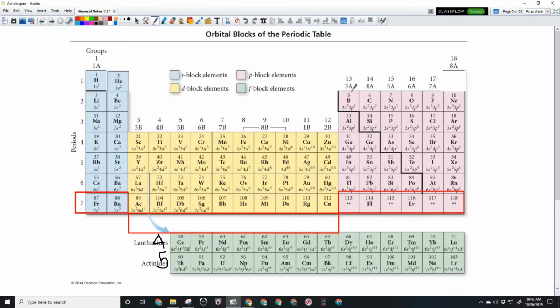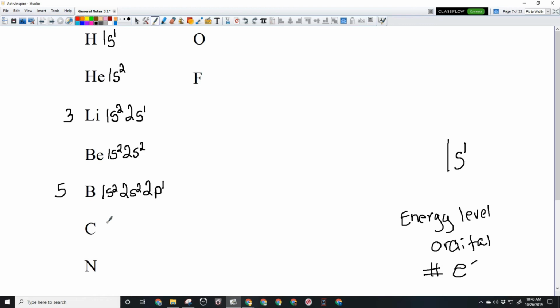Okay, and 5 right there is the atomic number of boron. Now carbon has 6 electrons. So we have a 1s2, 2s2, and it sits in the 2p block, in the second position: 2, 4, 6.